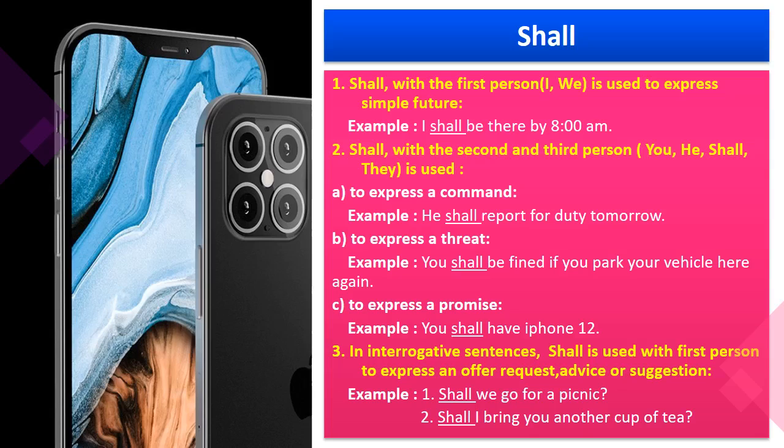So it's a promise. In interrogative sentences, shall is used with first person to express an offer, request, advice or suggestion. For example, shall we go for a picnic? Shall I bring you another cup of tea? So these are the uses of shall.